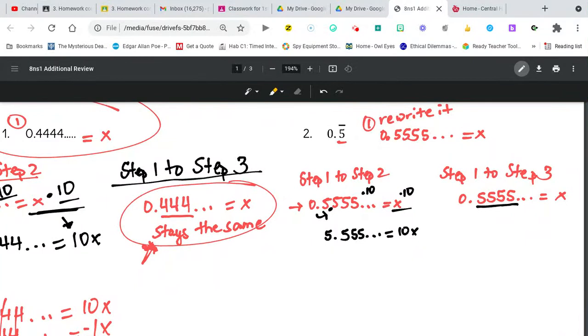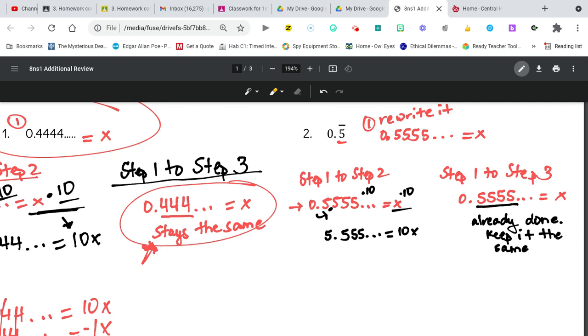Only all of them are already behind the decimal. Okay? This is already done. I don't have to multiply by anything. So I keep it the same. There are no other digits behind that decimal besides the 5. The 5 is the only thing that's repeating, and only the 5s are behind the decimal.